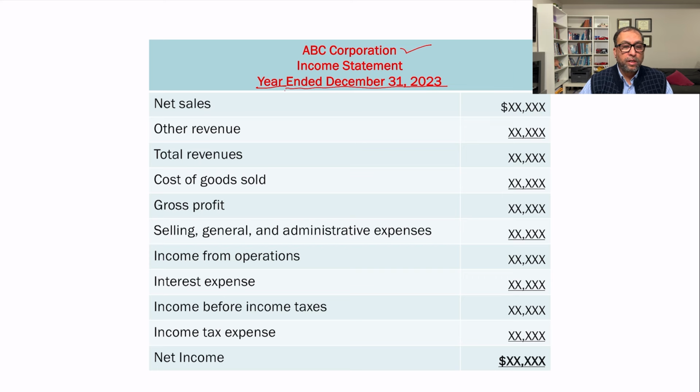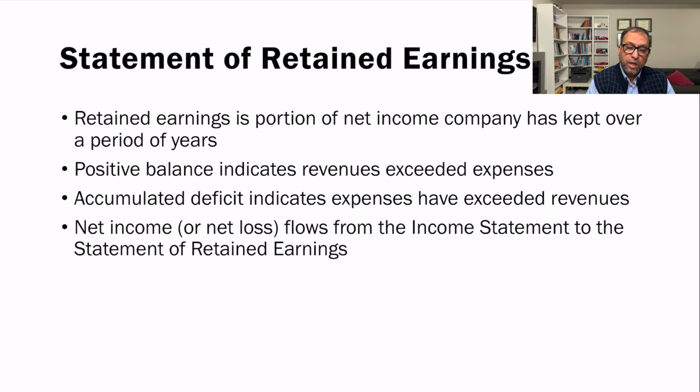So what are the items in our income statement? Net sales, other revenues, total revenue, that's the revenue side. Then we go to cost of goods sold. When we subtract it from the revenue, that is our gross profit. Then we have general, administrative and selling expenses, income from operations, interest expenses, and that is our income before taxes. Then we subtract the taxes, and that is our net income.